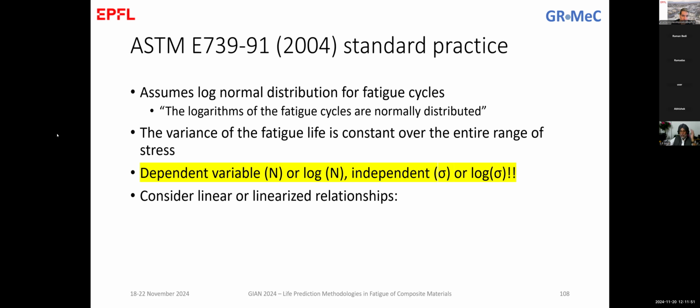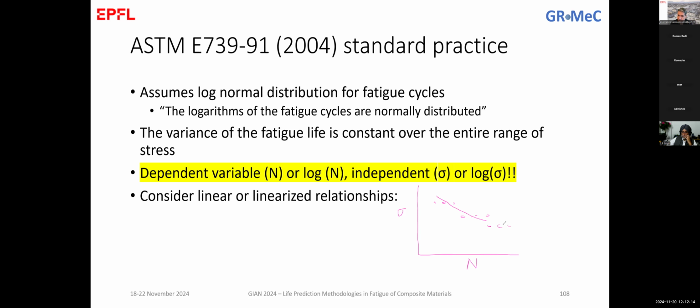And I have it here because a lot of times we make mistakes when we plot stress versus number of cycles. We plot our experimental points here, and then we go to Excel and say fit a line.